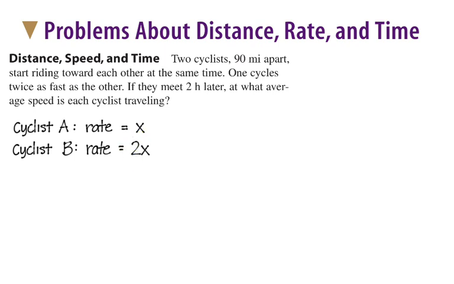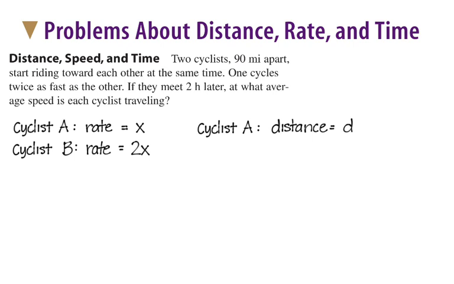And if they meet 2 hours later, so they are both cycling for 2 hours, what is the average speed each cyclist is traveling? Because they obviously were not going the same speed the whole way. We're just going to look at their average speed. Well, cyclist A is going to go some distance d.